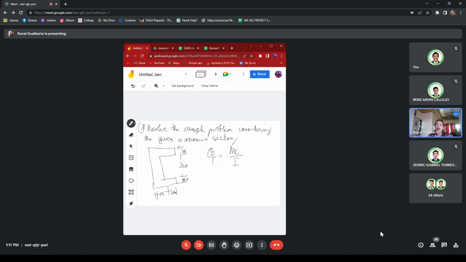Okay, so on this particular economic section, pwede po natin siyang i-divide into 3. Halimbawa po ito, you can have here 1, ito yung 2, at saka ito yung 3. So pwede pong ganyan. Pwede rin naman po na horizontal. So ito yung 1, tapos ito yung 2, yung gitna, tapos ito yung 3, yung horizontal. So pwede rin po ganon.